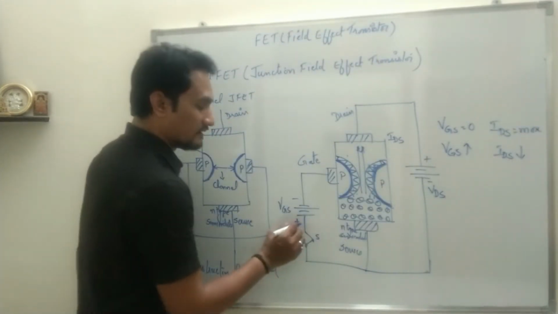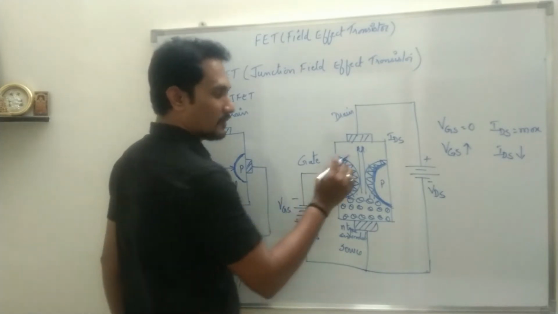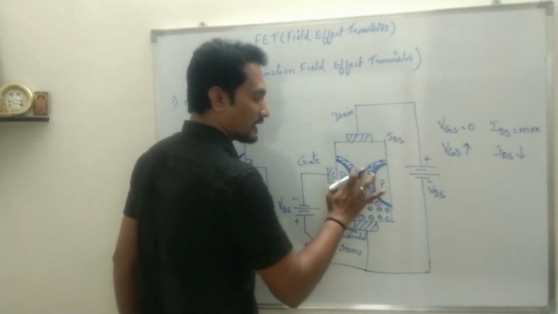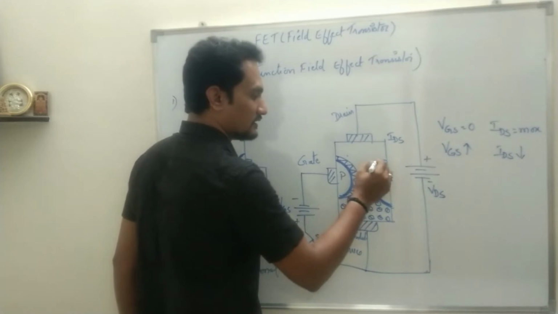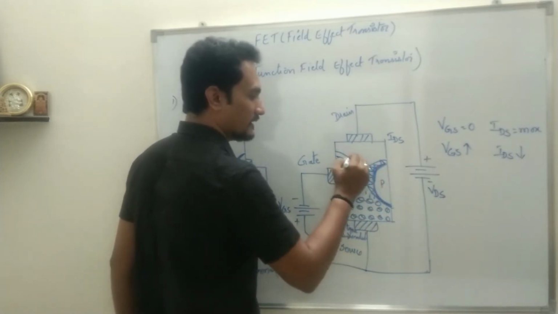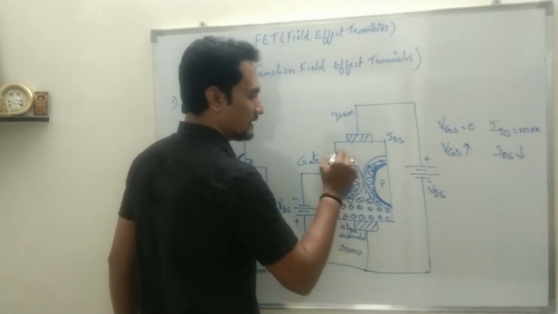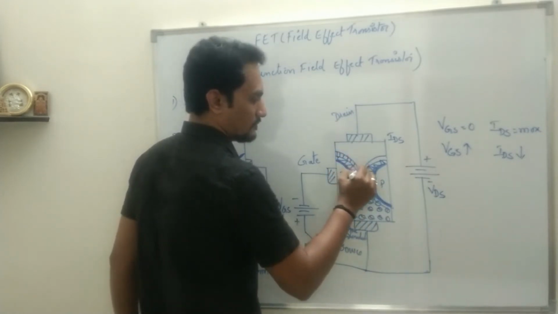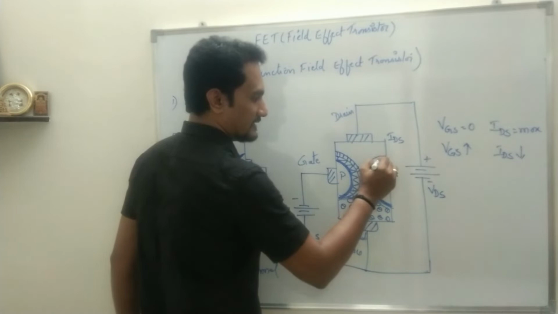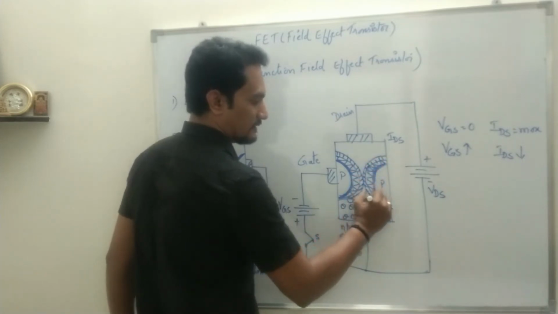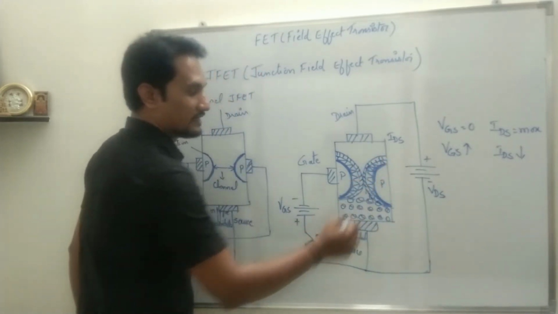And when VGS is maximum, the depletion layer width will increase to such an extent that there is no channel width.